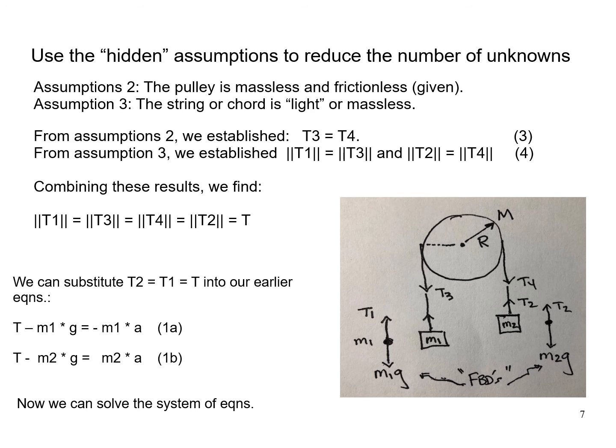And we can replace all these tensions with a single tension, which we'll call T. Now, by replacing T1 and T2 in our earlier system of equations, all the way from video 1, we now have two equations and two unknowns. This was a journey, but I hope you now have a deeper understanding of the underlying physics behind the ideal Atwood's machine. It is not a trivial problem after all. In the next video, we'll solve for the acceleration and tension and see what our answers tell us about the dynamics of this system.